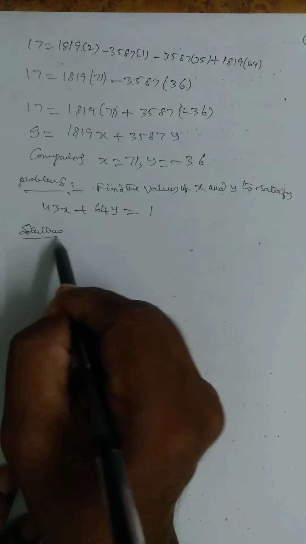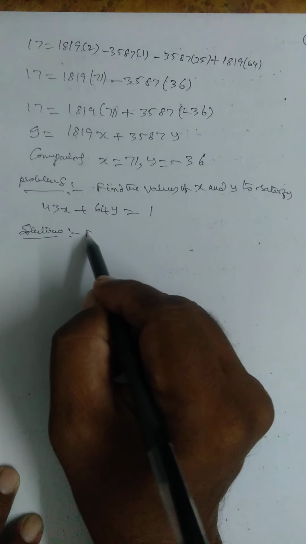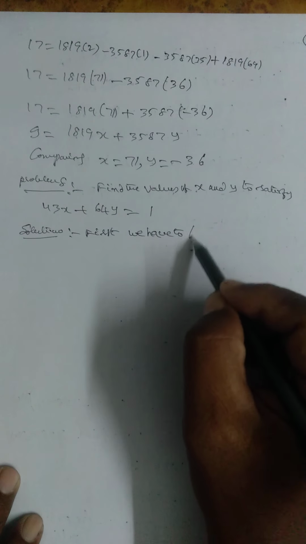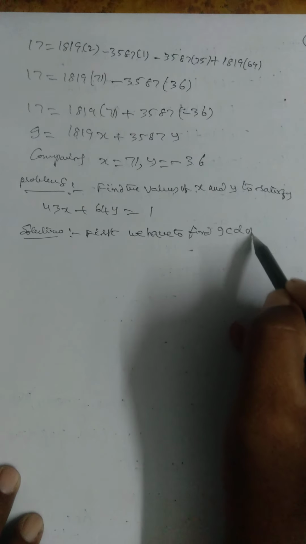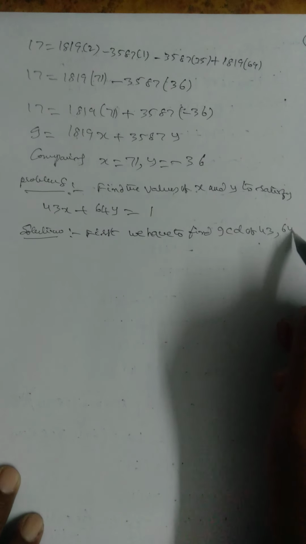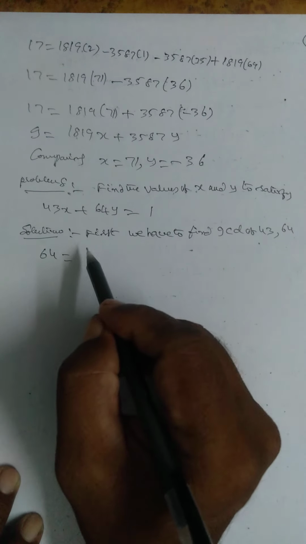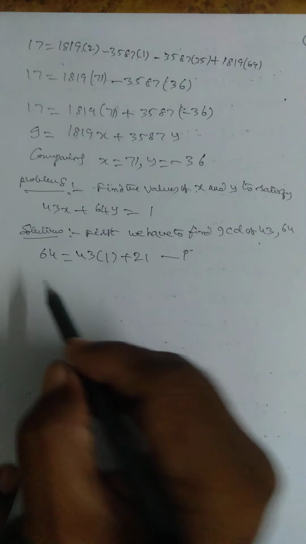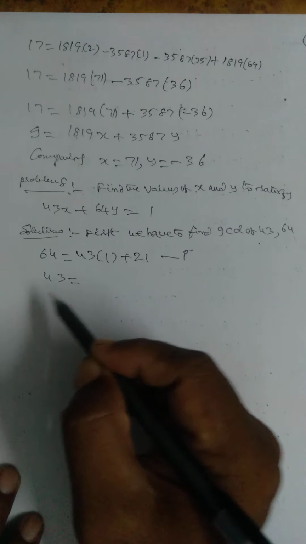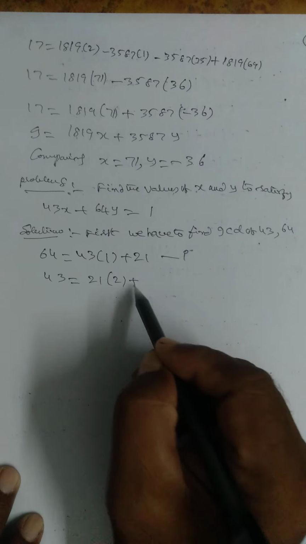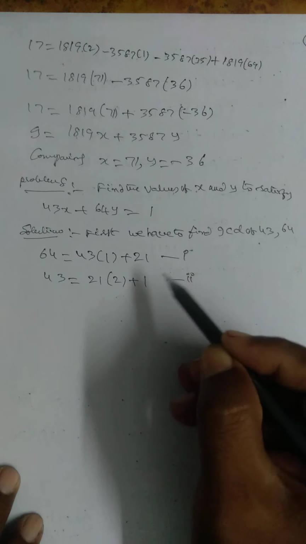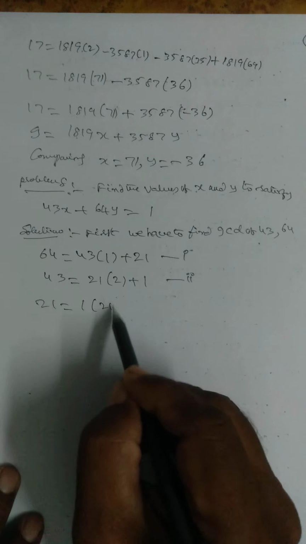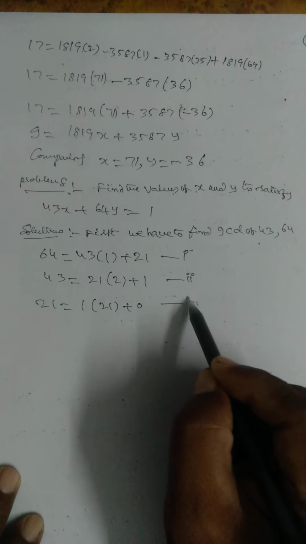Solution. First we have to find the GCD of 43, 64. The big number is 64. 64 is equal to 43 into 1 plus remainder 21, say this is 1. 43 is equal to 21 into 2 plus 1, second one. 21 is equal to 1 into 21 plus 0, third one.